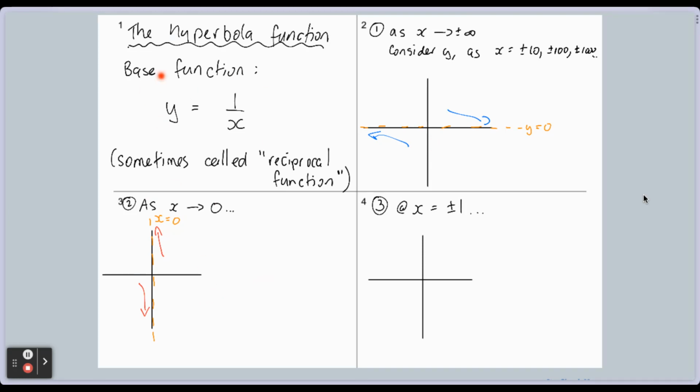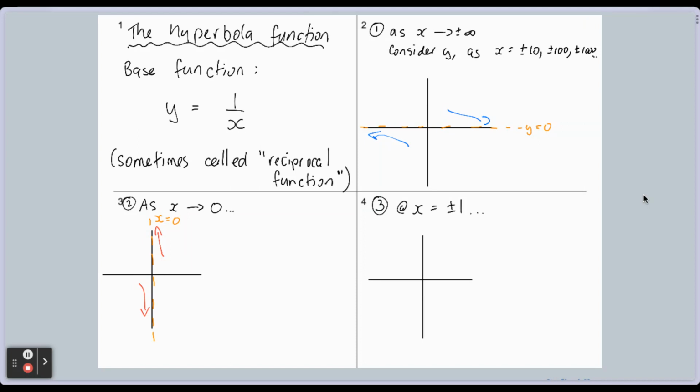The base function y equals 1 on x has no x-intercepts and no y-intercepts because of those asymptotes getting in the way. It doesn't cross the axes at all. So there are no intercepts, which is what we would normally consider next. But because there are no intercepts, we just consider something which is a fairly easy value to consider.